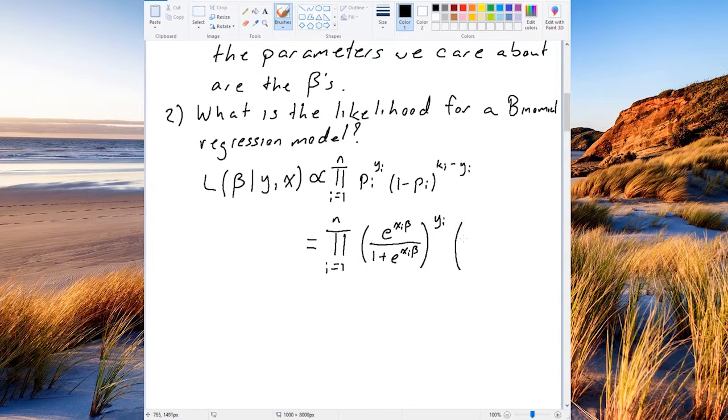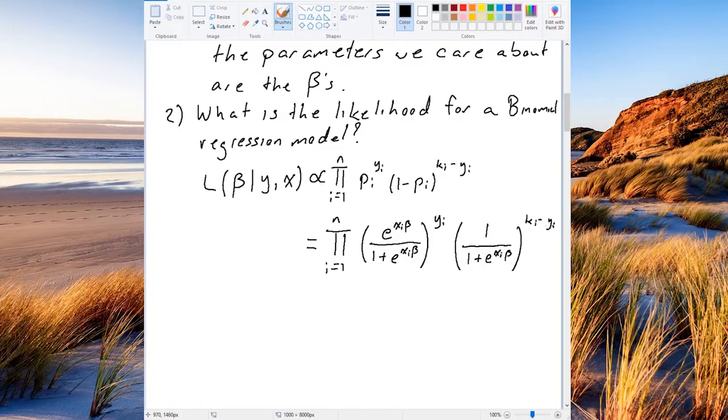And then what is 1 minus pi? Well, you might remember I played around with this a little bit on the proof of the logistic and logit functions being inverses of each other last time. That 1 minus pi actually has a really nice form. This is just 1 over 1 plus e to the xi beta. And this I will raise to the ki minus yi power.